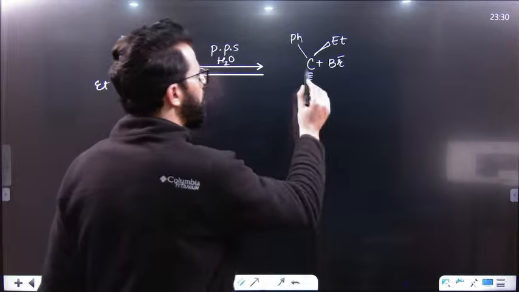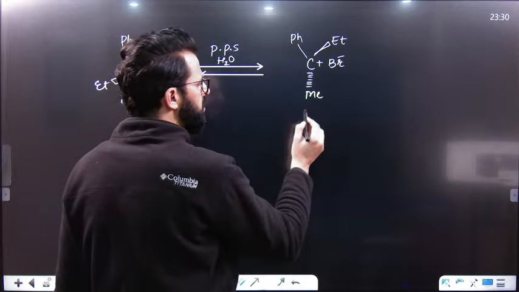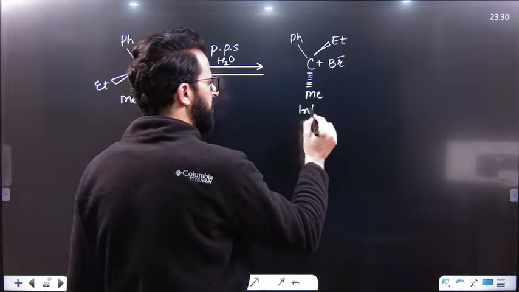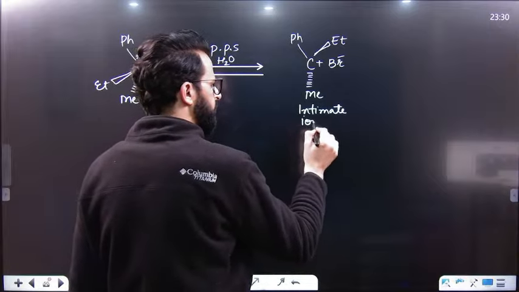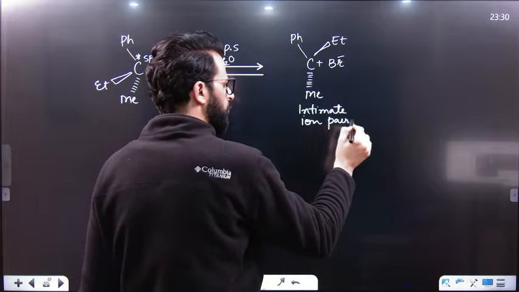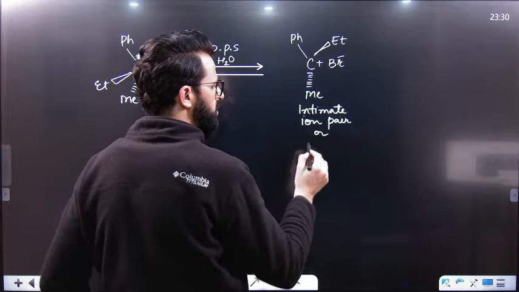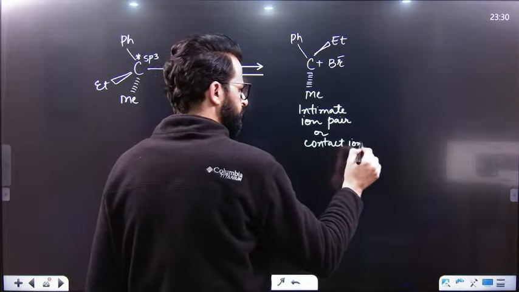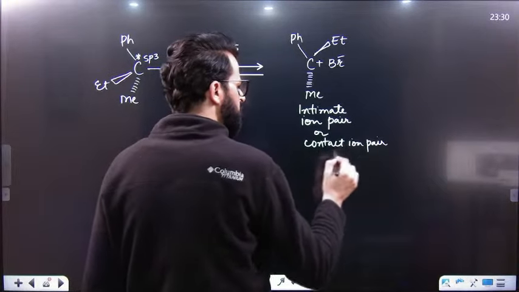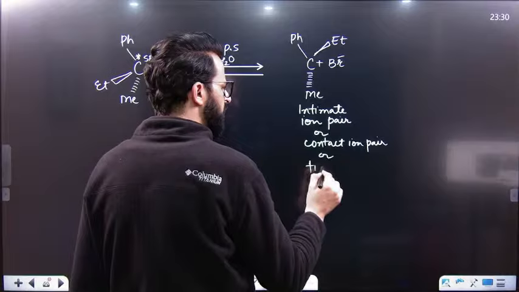But this is not a solvent separated ion pair, this is known as intimate ion pair, or this is known as contact ion pair, or this is known as what we call tight ion pair.